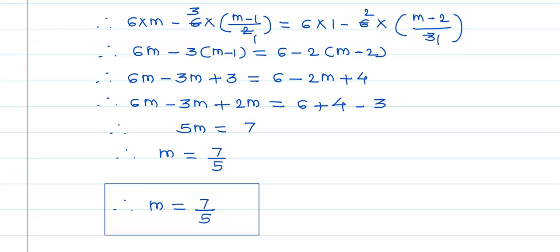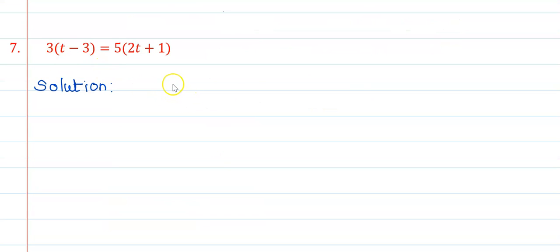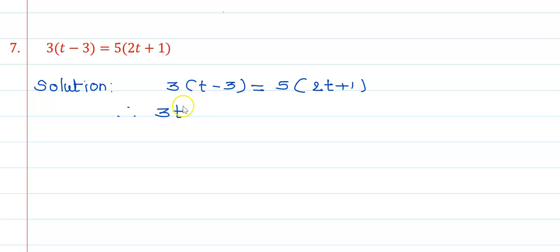Next example is very easy. 3 in bracket (t minus 3) is equal to 5 in bracket (2t plus 1). Okay, now we'll simplify here. 3 into t, you will get 3t. 3 into 3, 9. 5 into 2t, you will get 10t. 5 into 1, you will get 5.